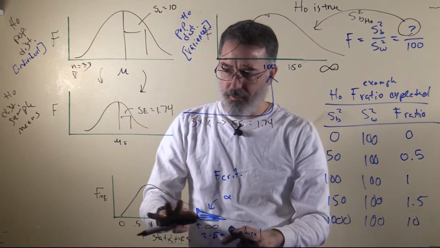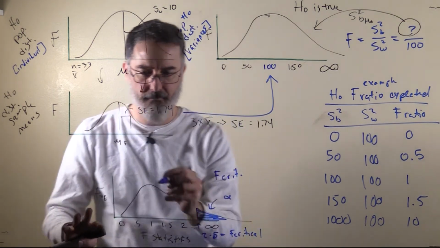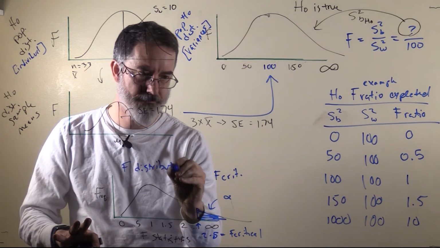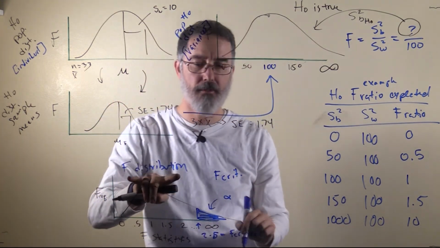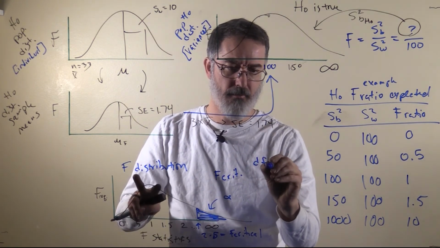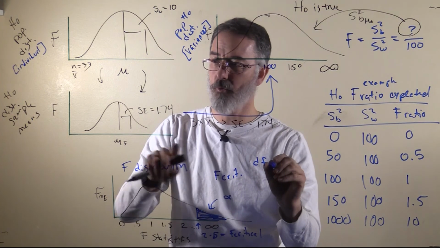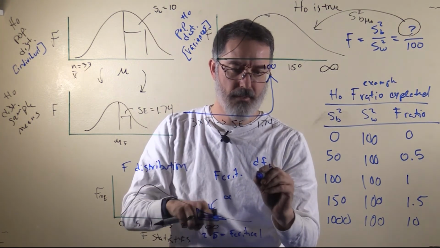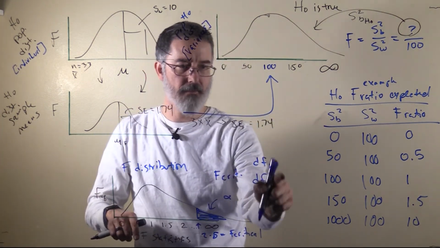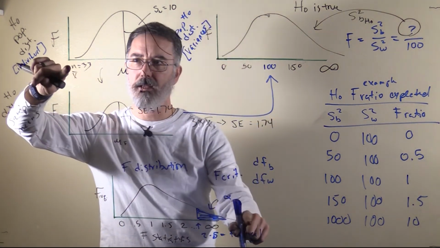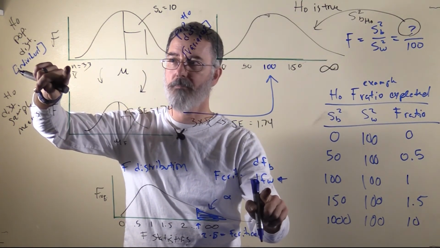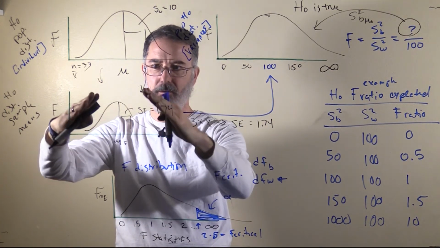And one last thing I want to point out about the F distribution, which is what this is here. An F distribution has a different shape depending on two things: the degrees of freedom between, the number of groups minus 1, and the degrees of freedom within. And so you could think about why it's the case, because this n equals 33, that relates to the degrees of freedom within, and the standard error of this distribution.